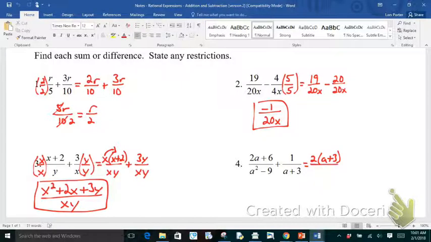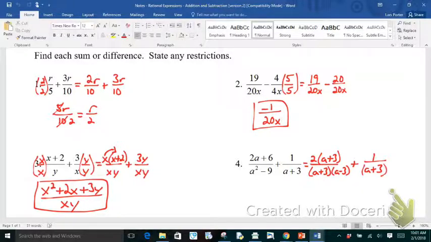I'll tell you, I don't really think it's something we're going to use, but let's factor the bottom. A squared minus 9 would be a plus 3 times a minus 3. All of this plus 1 over a plus 3.